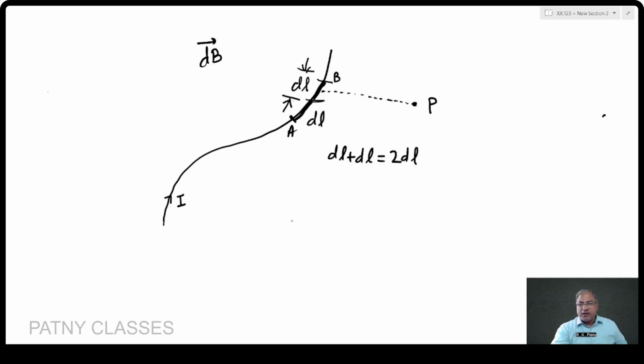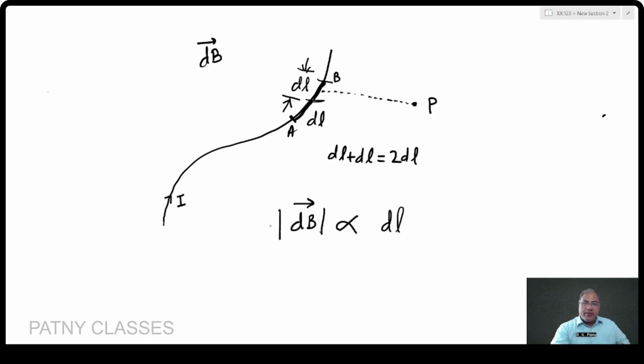According to Biot-Savart's law, the magnitude of magnetic induction depends upon the length of the wire. As the length of the wire increases, the value of magnetic induction also increases. So the magnitude of magnetic induction is directly proportional to the length of the element AB.